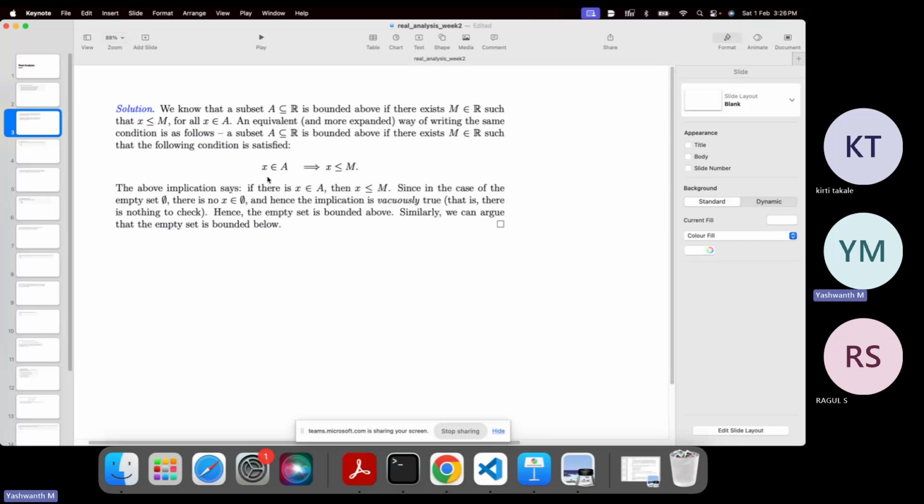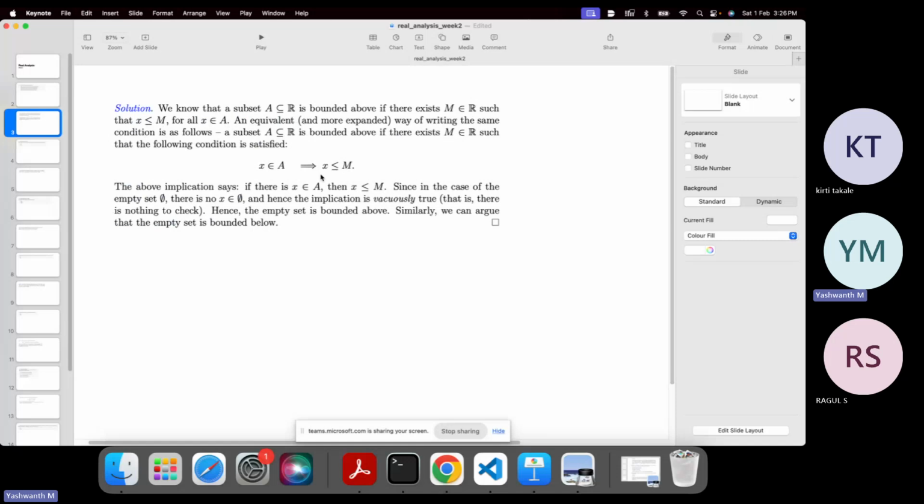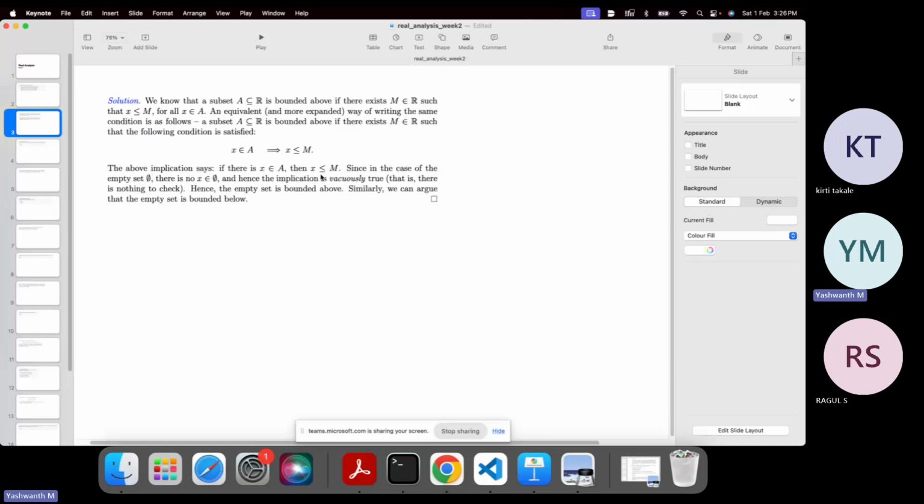So for an empty set, there is nothing to find, and there is no x belonging to A. So we take this as vacuously true, there's nothing to check basically. Similarly for bounded below. So the empty set we trivially consider to be bounded above and below.